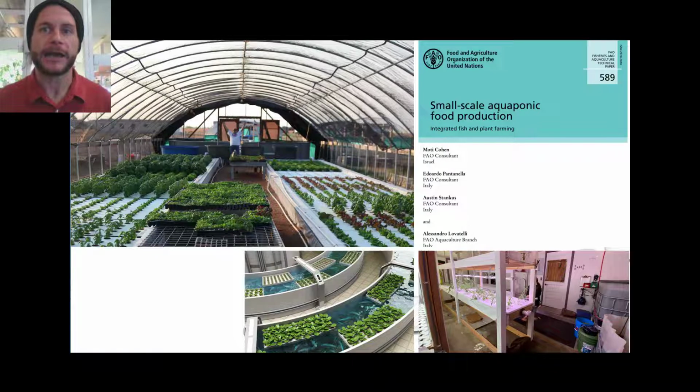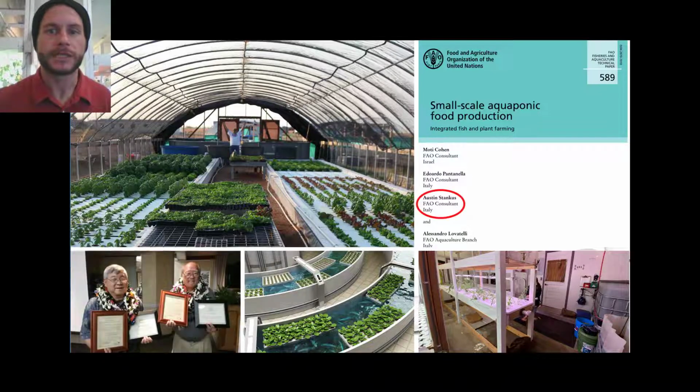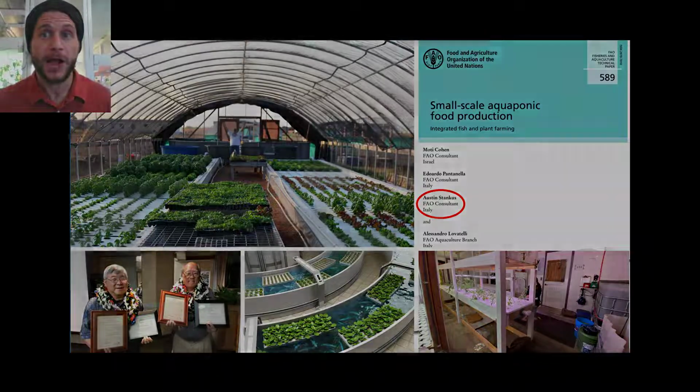And I am extremely thankful for individuals like Austin Stankus for the FAO and the gentleman on the bottom left, Dr. Harry Ako and his colleague Clyde Maru, who were very important in helping others like myself become aquaponics researchers and go down in a path of becoming aquaponics farmers.